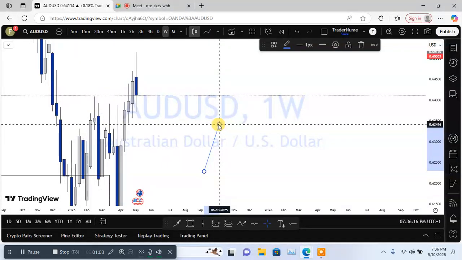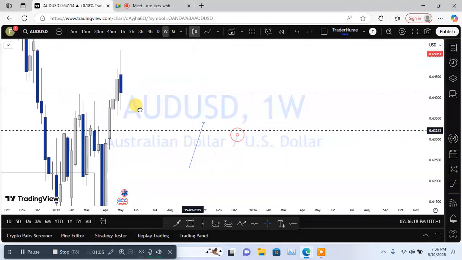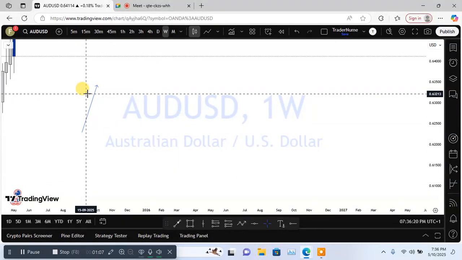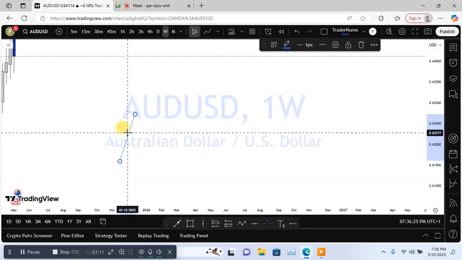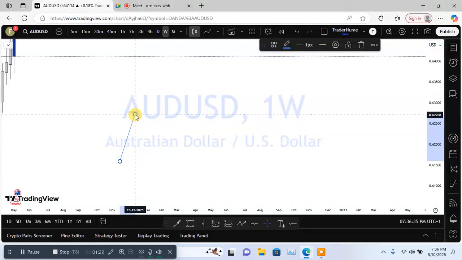All right, so let me use a paper, let me use a textbook diagram for you before we go deep. So today we are going to be looking at market structure. What is market structure? Market structure is just basically how forex moves, how the market chart moves. And basically this is how market moves.